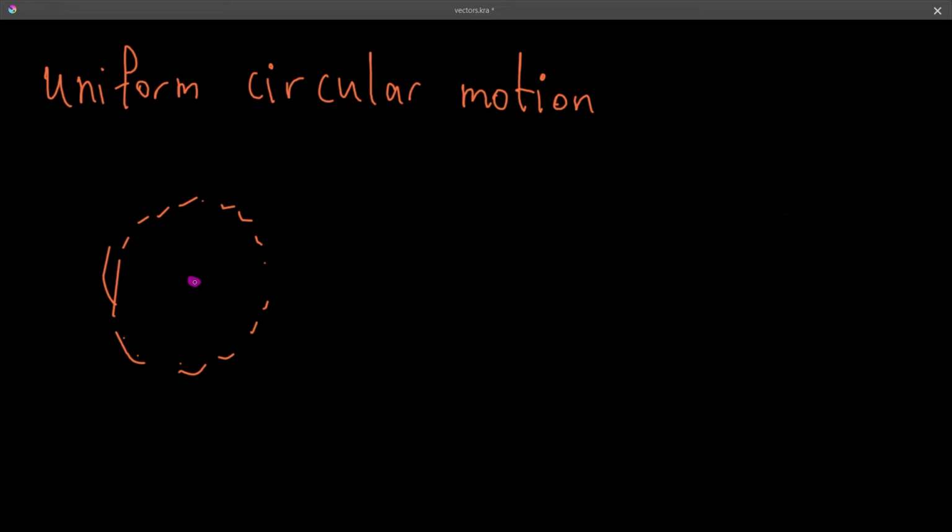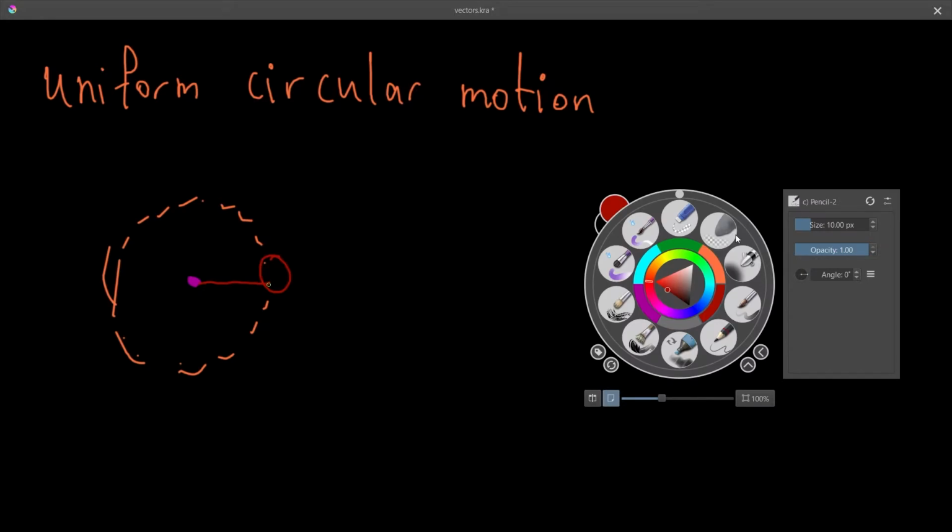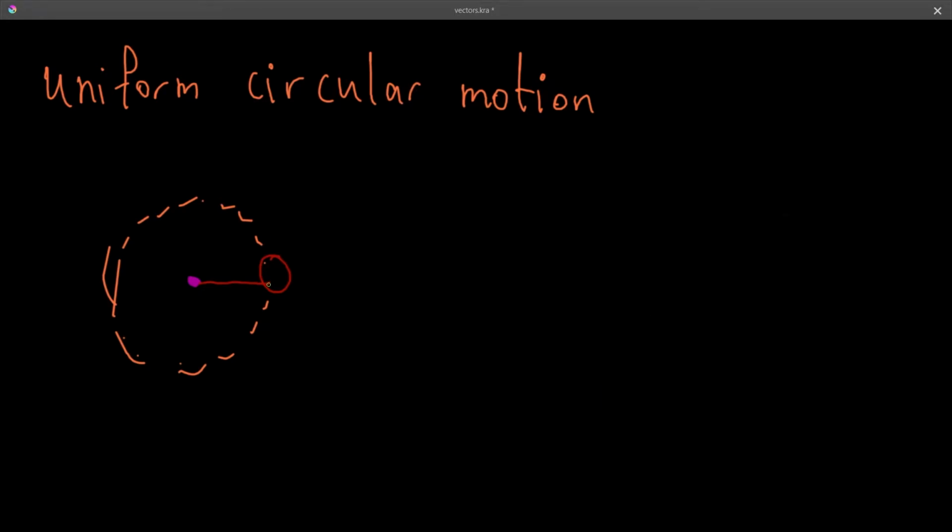You have a ball right here, and it's connected via a string. At this point right here, the velocity of the ball will point directly upwards. It will be tangent to the circle, so this is V.